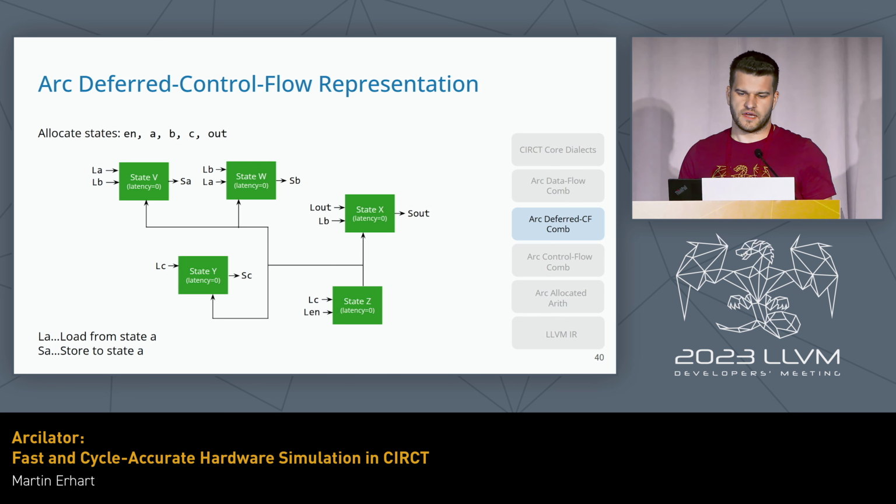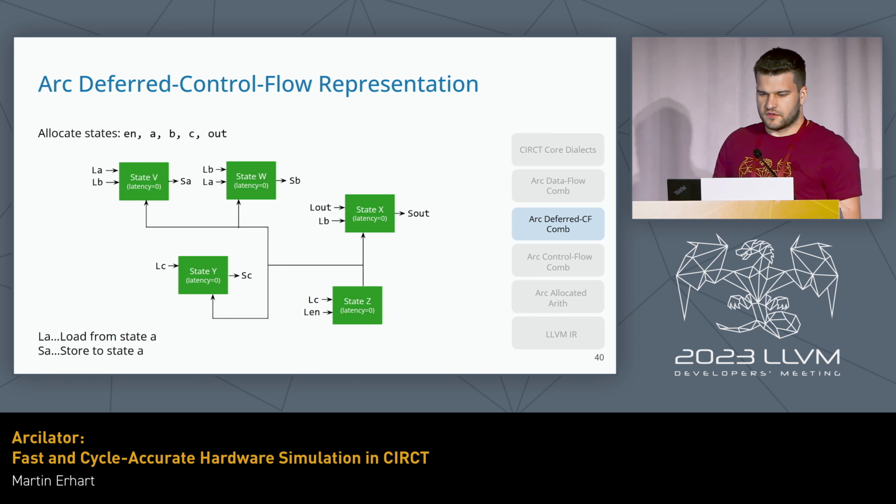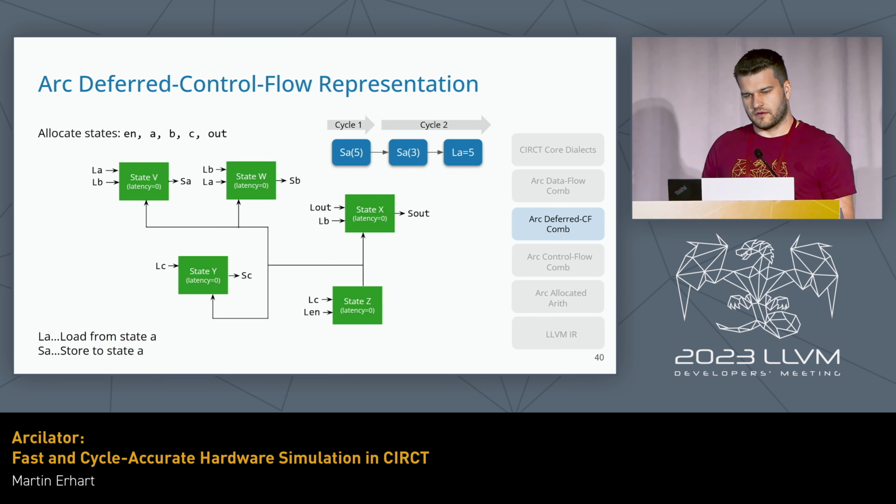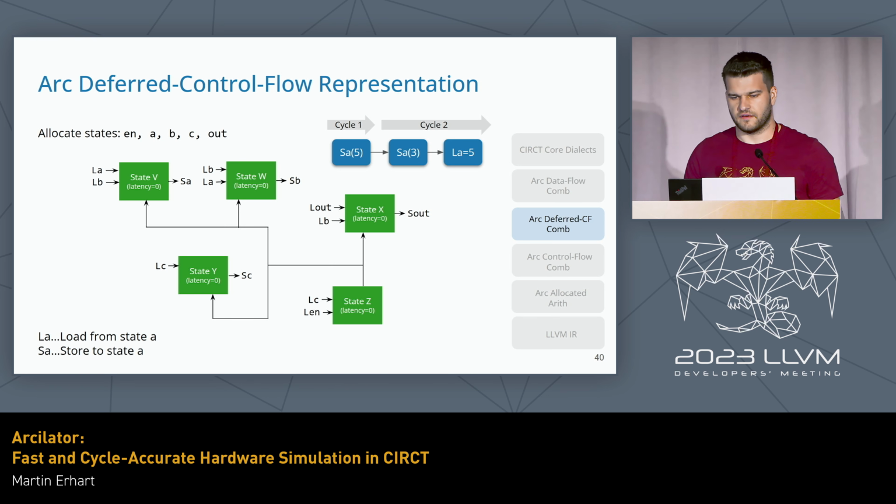Loads will start with an L and stores start with an S. Those have the semantics that if you store 5 to state A in cycle 1, and then store 3 to state A in cycle 2, and then read from state A, you read the value you stored in the last cycle.